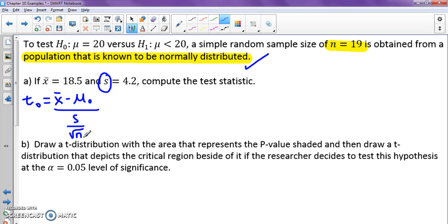It looks similar to something we're working with in the sampling distribution for x bar, right? So let's plug everything in and then we'll use StatCrunch to compute the test statistic so we can see how those correspond here.